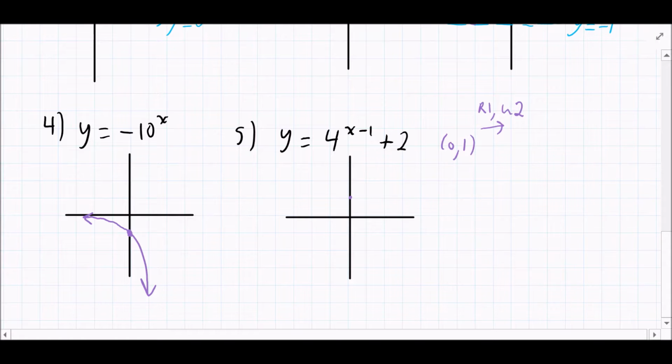If I move it to the right 1, 0 becomes a 1. But the other one was already a 1, so if I move that 2 from 1, it's now going to be at 3. So I want my reference point to be at 1, 3. That means that the asymptote is going to be 1 unit underneath it. So that's going to be at y equals 2. And then we can just draw it in from there.